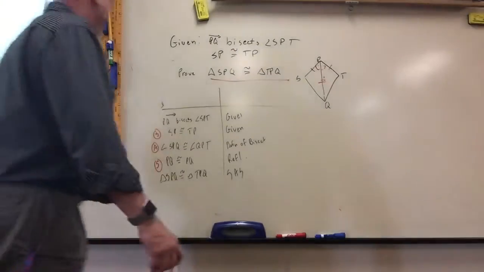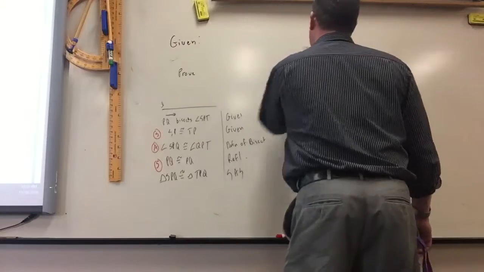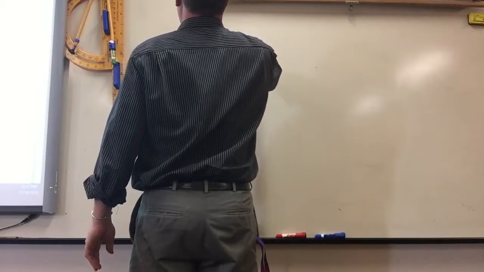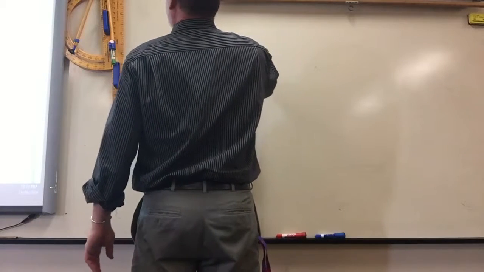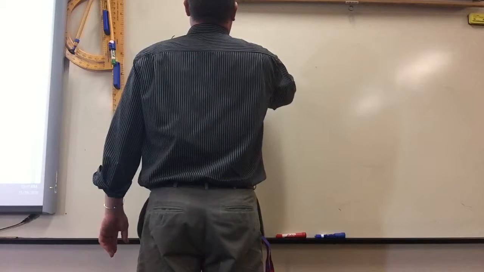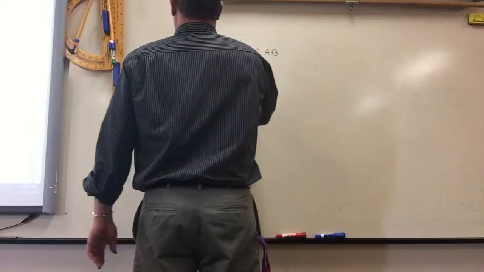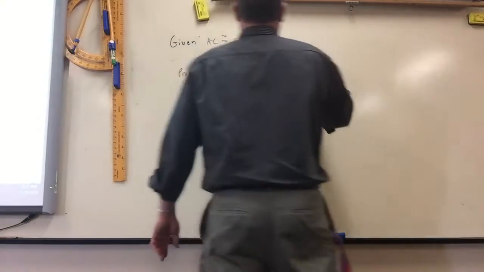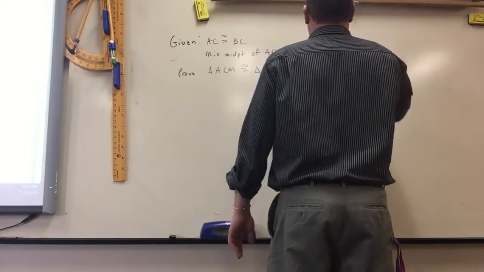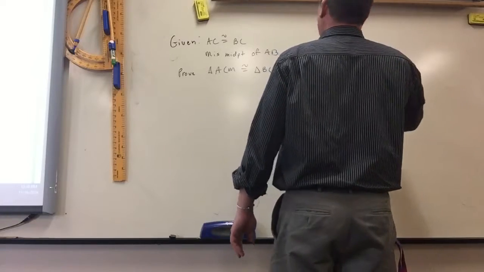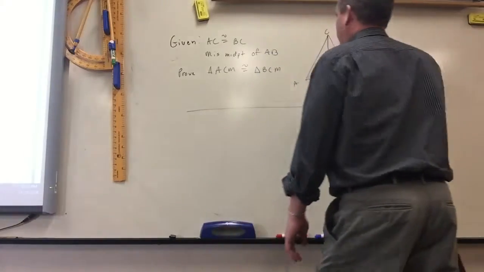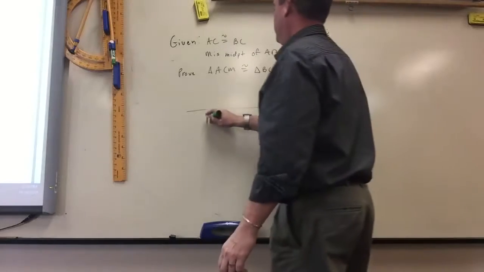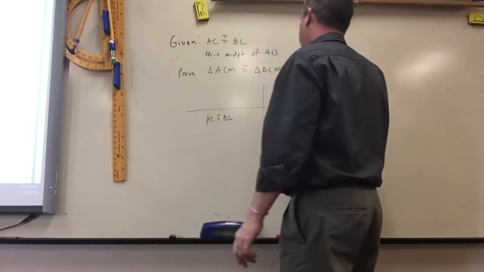Okay, then a midpoint. They have quite a few of these midpoints in here. So in this one, they give us that AC is congruent to BC, given.